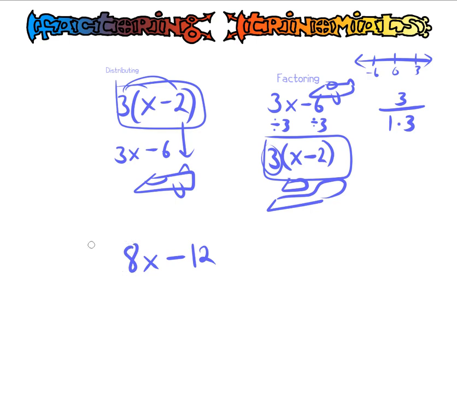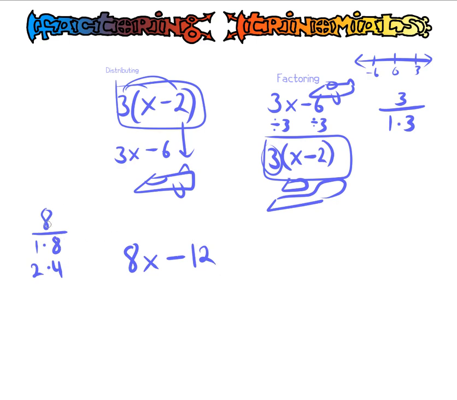I'm going to go with the factors of 8, because there are a lot fewer factors of 8 than of 12, and because it's the smaller number in magnitude. So 1 times 8 gives me 8, 2 times 4 gives me 8, and that's it. Those are the 4 factors of 8.